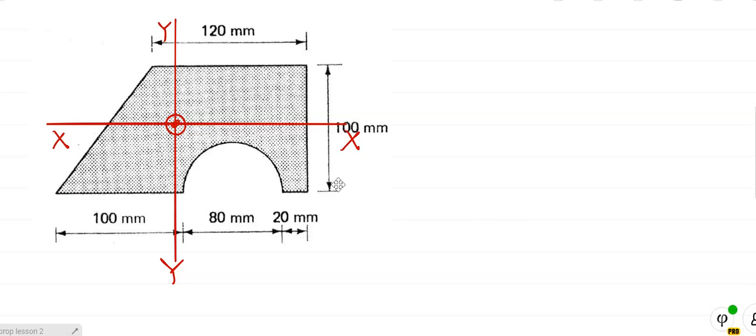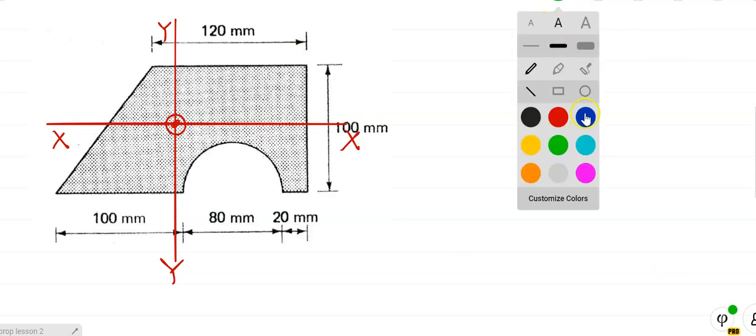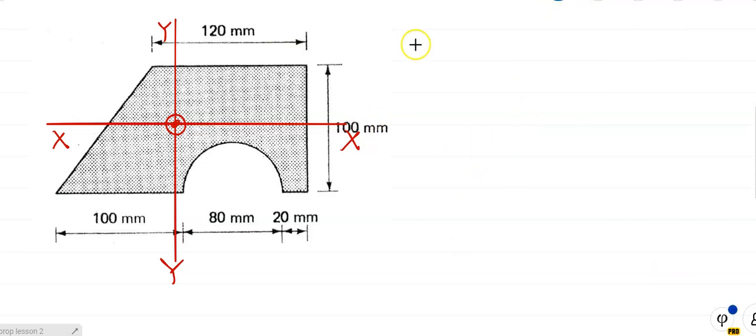Right, people. To work out the position of the centroid, I am going to work around that point there. So I'm going to do y bar first, but I'm going to work from here, so I'm going to get y bottom first, and then calculate y top.